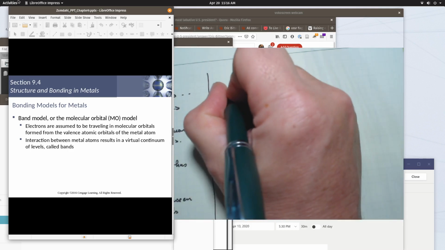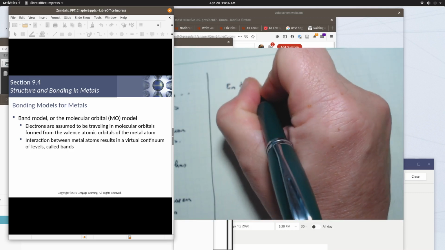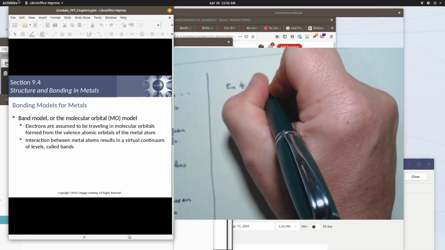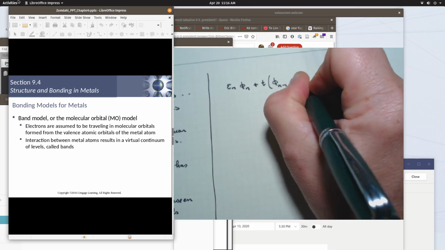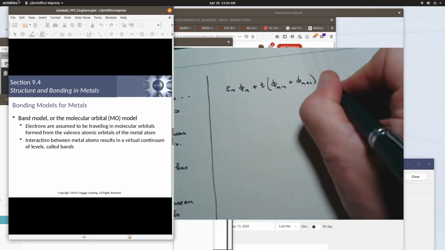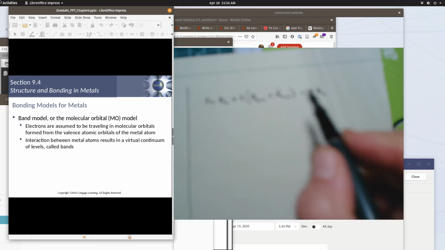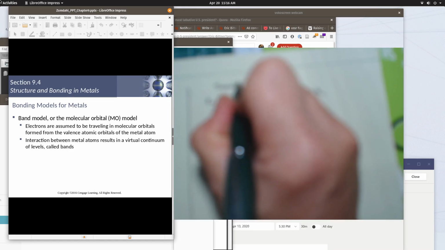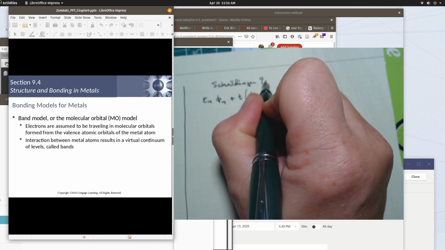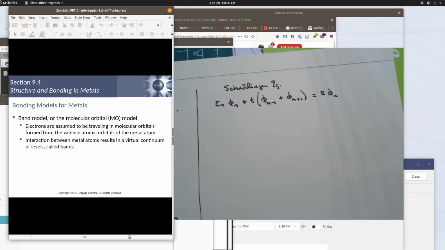We get En times phi n plus T times phi n minus 1 plus phi n plus 1 is equal to the energy times phi n. Okay, that's the Schrodinger equation for this, and we need to solve for En and phi n's and everything else.